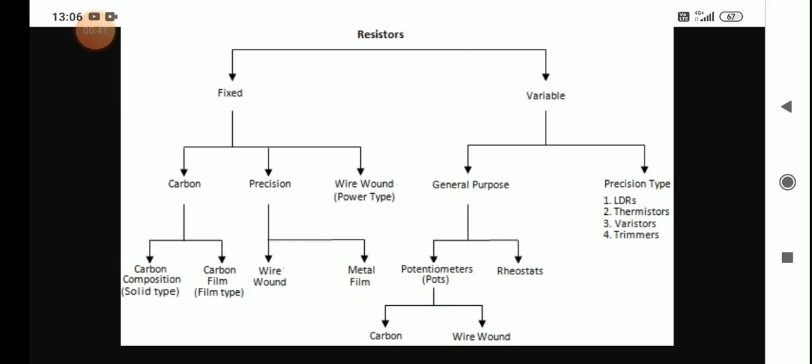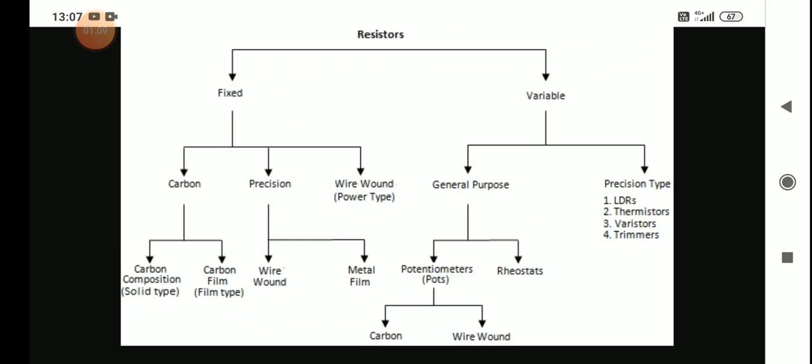Different types of resistors. We already discussed that resistors are classified into two types: fixed resistors and variable resistors. Fixed resistors are again classified into carbon resistors, precision resistors, and wire wound resistors.